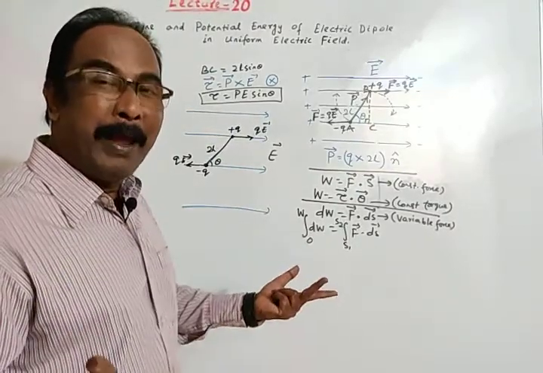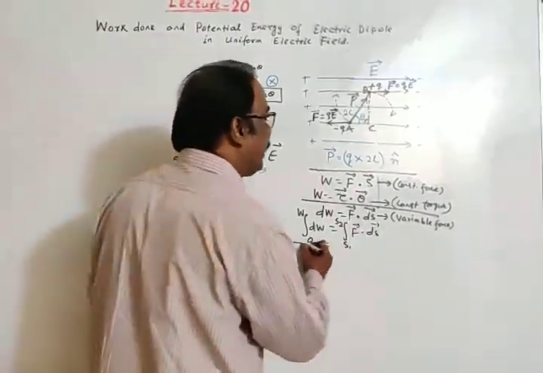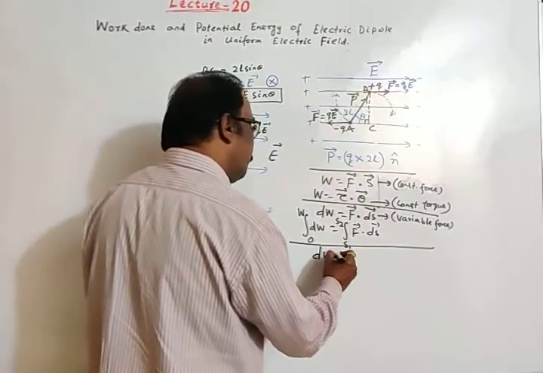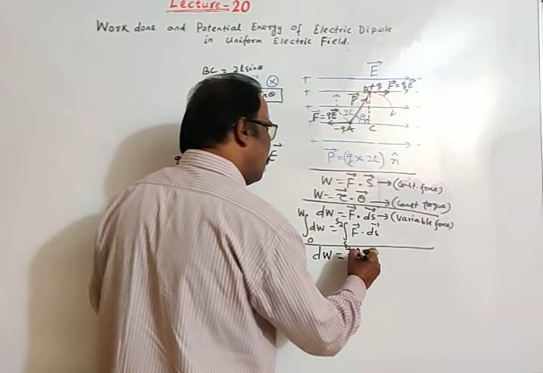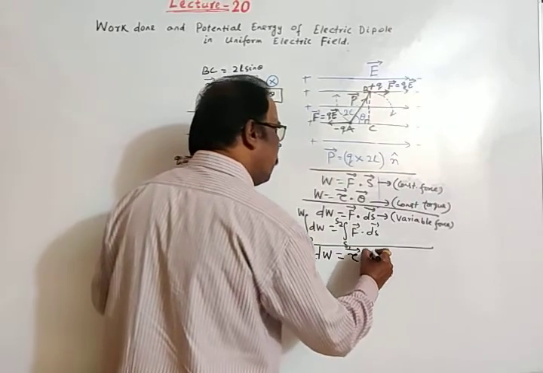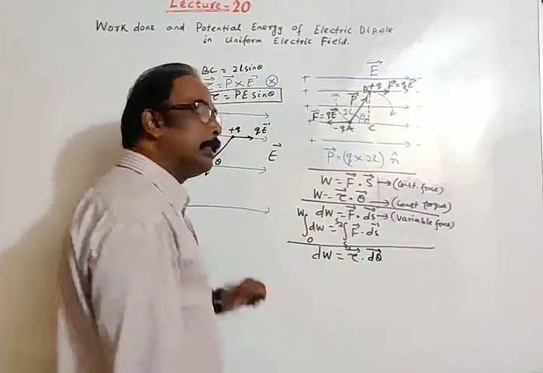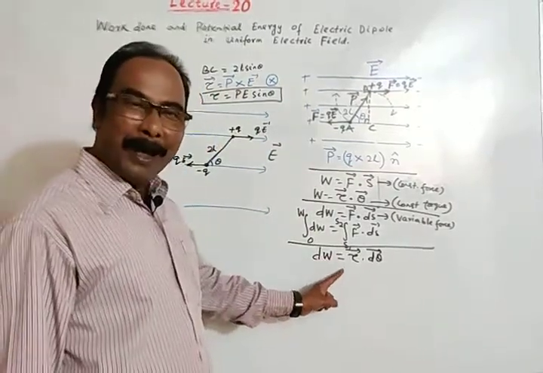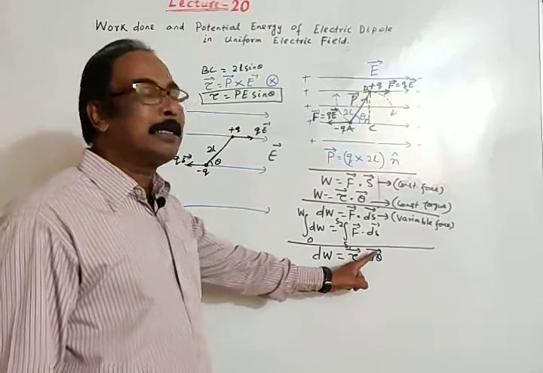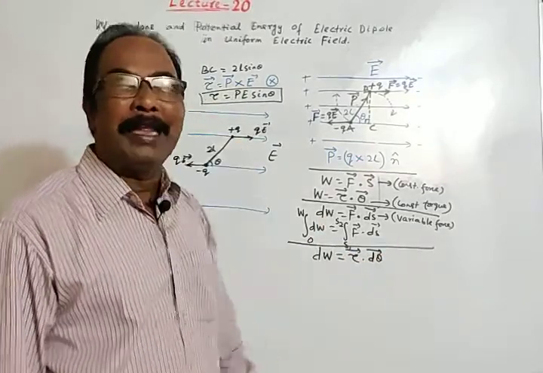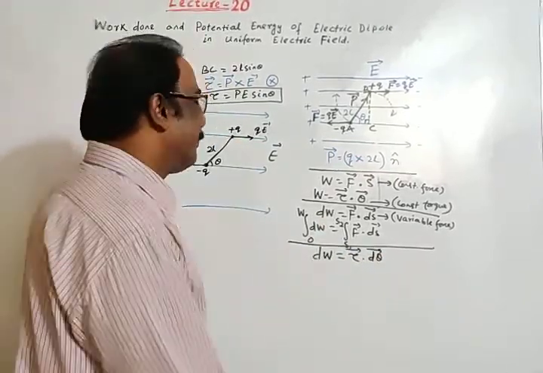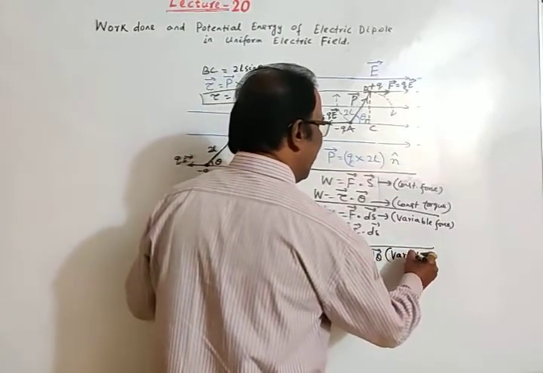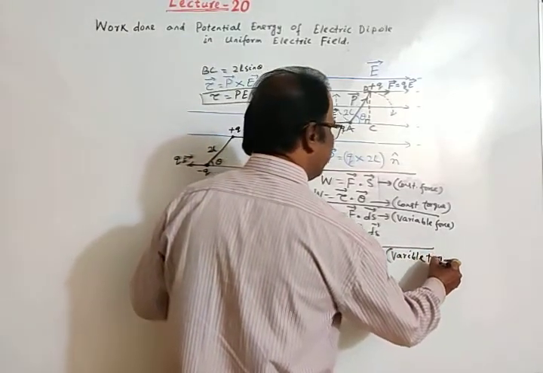If torque is variable, then for rotational motion we take a small amount of work as torque dot a small angular displacement d theta. That is, dW is equal to torque dot d theta, for variable torque.